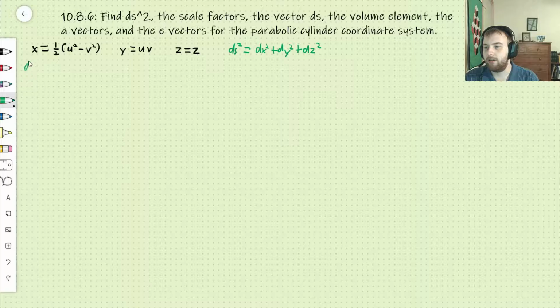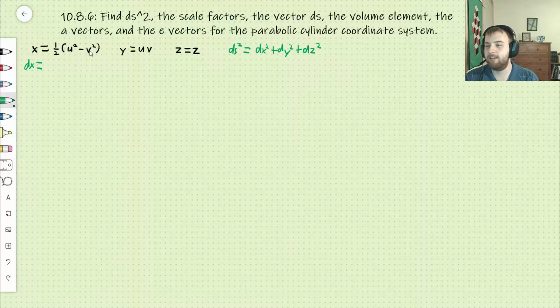So our dx: we need to take the derivative of both sides of the equation, or turn both sides of the equation into differentials, depending on what terminology you prefer. When we take the derivative of this, it's going to be 2u, and then we need to chain on du.